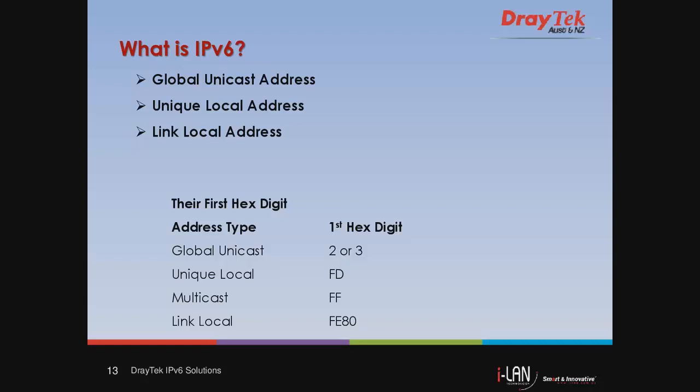Like link local, IPv6 works like APIPA, or Automatic Private IP Addressing, from Microsoft Windows, which normally starts from 169.254. Each address type always starts with a first hex digit, like 2 or 3 for global unicast, FD for unique local, and FF for multicast. Also, FE80 for link local.